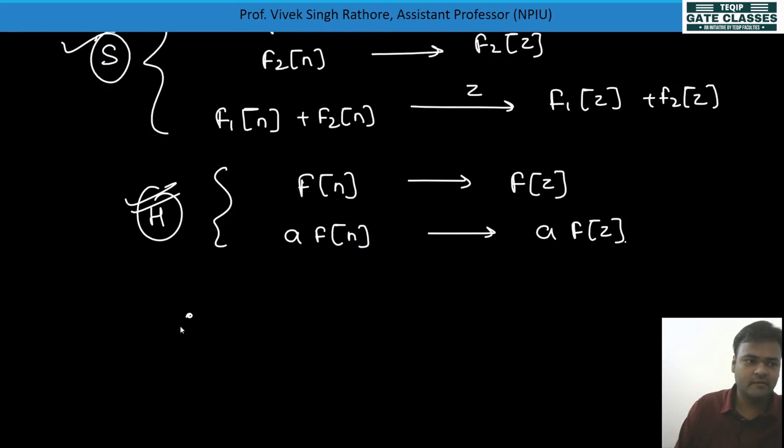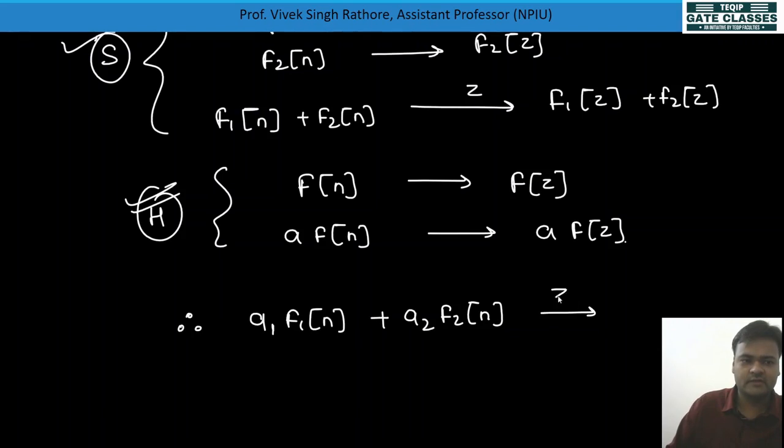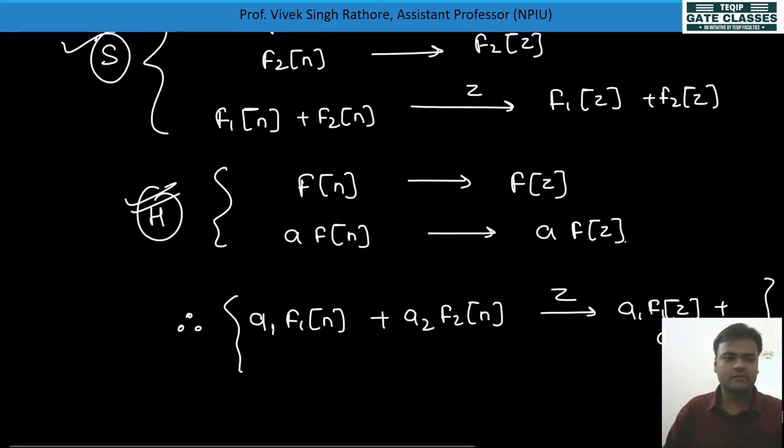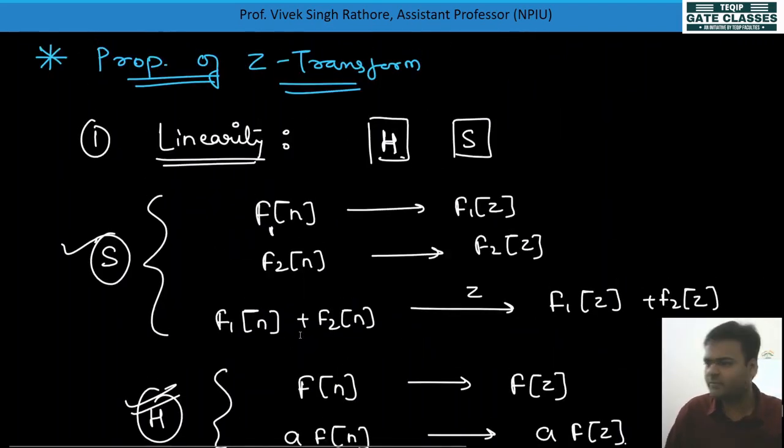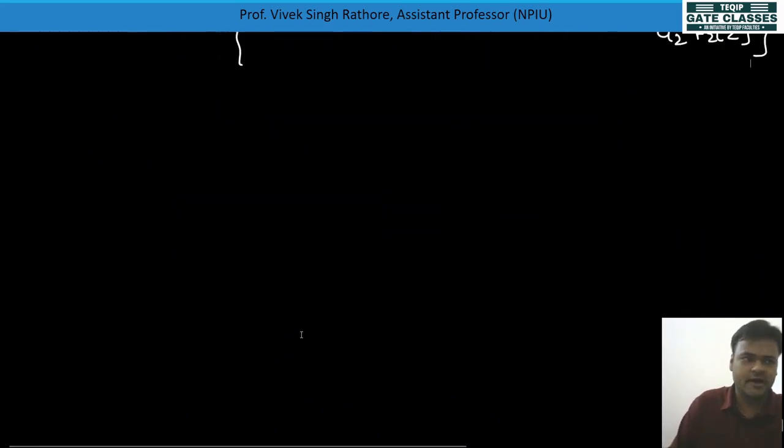Therefore we can say that a1 f1 of n plus a2 f2 of n, if we take the Z transform, we will get a1 f1 of z plus a2 f2 of z. This is the summary of the linearity property. I think you have understood it.